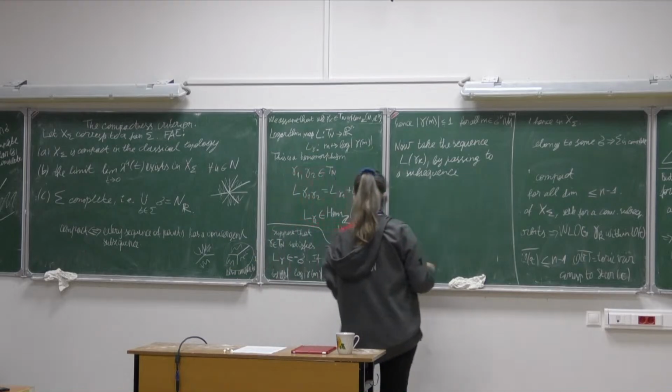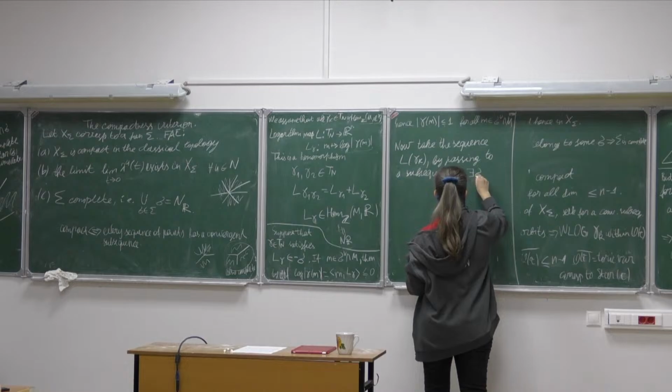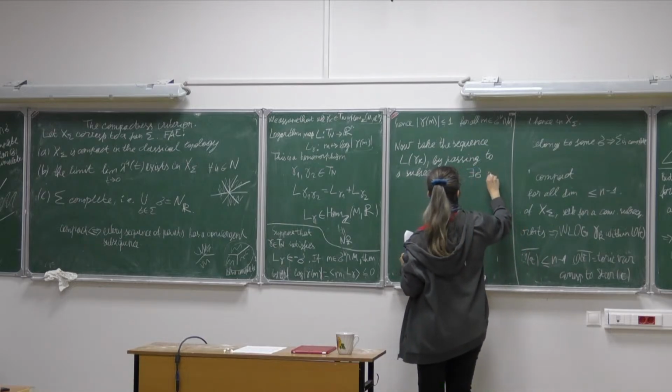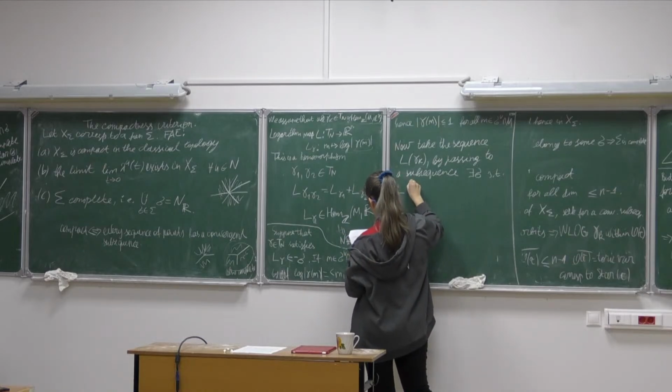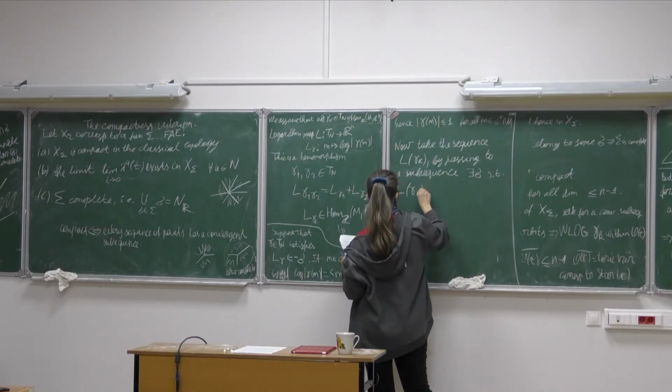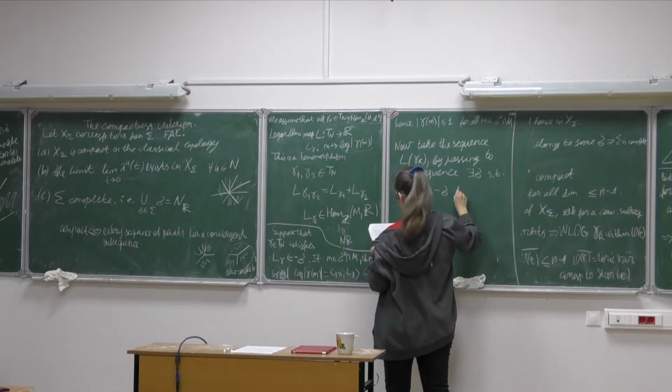So we assume that there exists a sigma such that the corresponding points of N, L of gamma k, belong to minus sigma for all k.